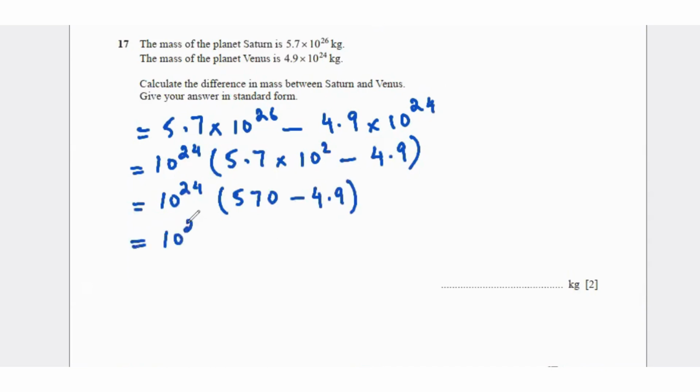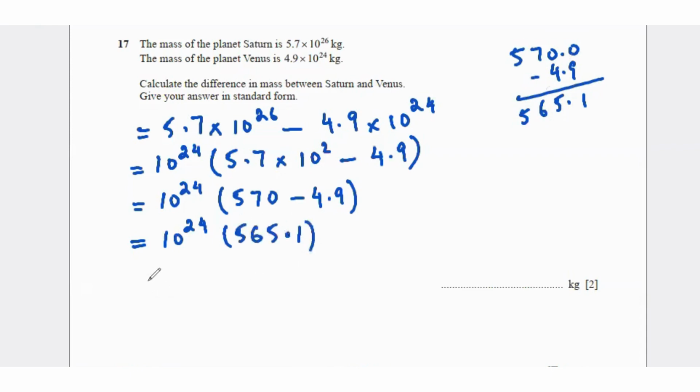Now 570 minus 4.9 is going to be 565.1. So 565.1 times 10 to the power of 24.